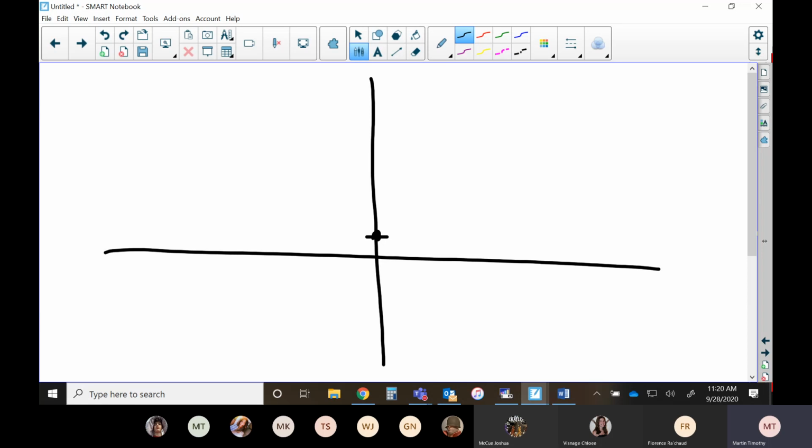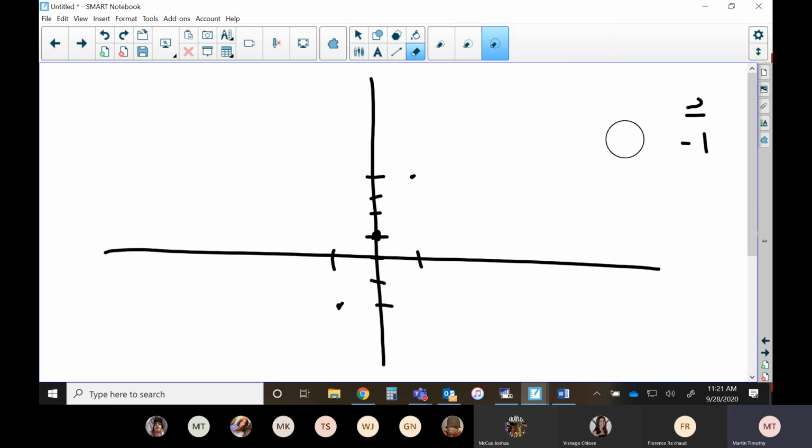The 3x says it's 3 over 1, which means I go up 3 to the right 1. Or what else could I do? What's the same thing as 3 over 1? Negative 3 over negative 1, which means I go down 1, 2, 3, and back 1. And it wasn't equal to, correct? So I'm going to do a dotted line.